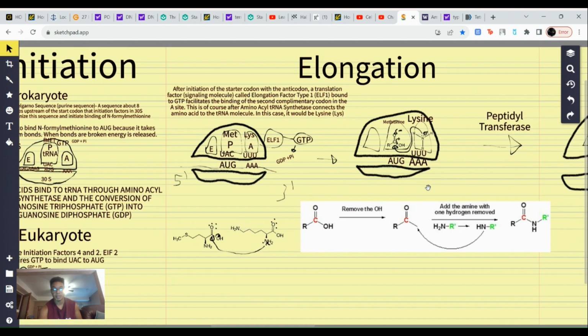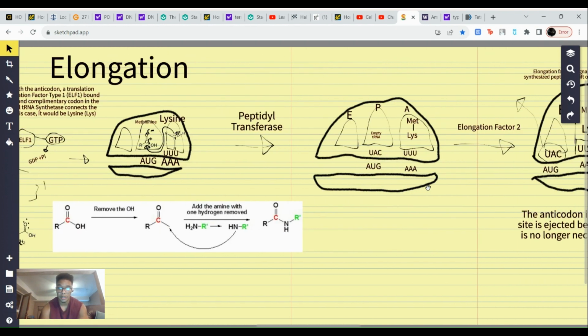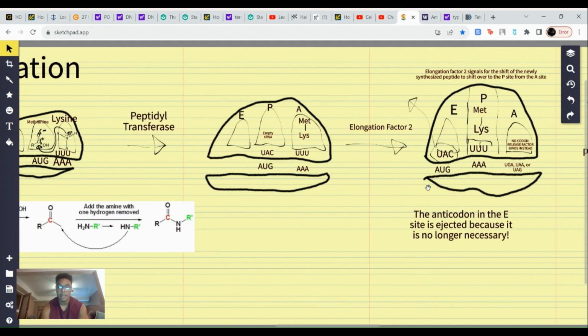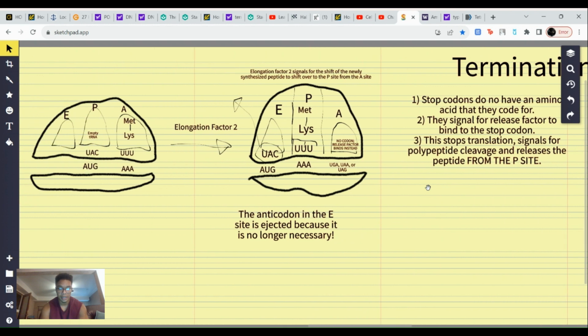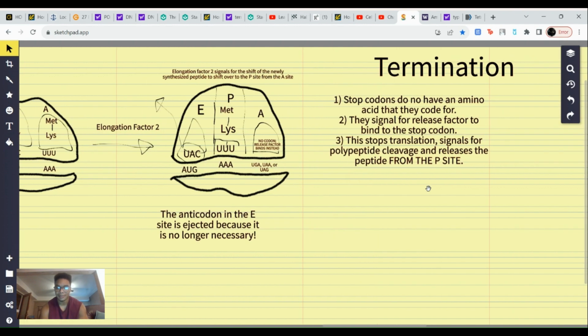And yeah, you're going to want to know that anytime it binds, it uses GTP. Starter codon is AUG. Stop codons are UGA, UAA, and UAG.